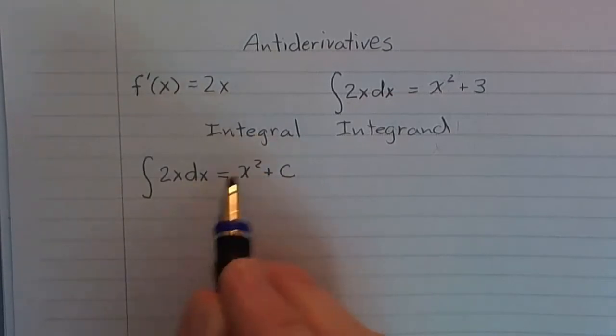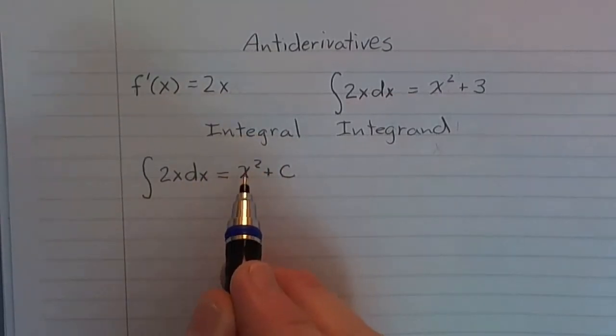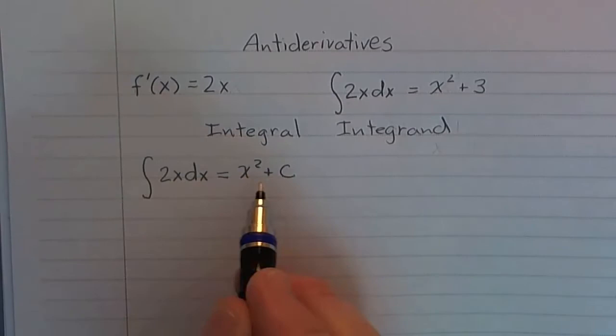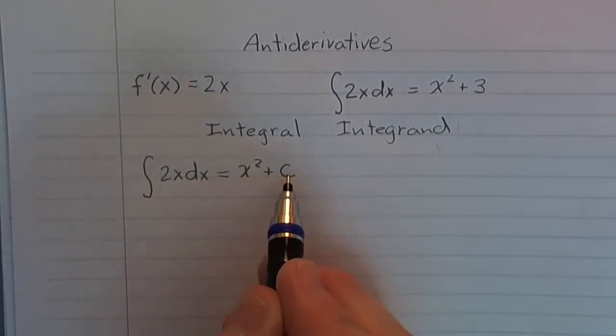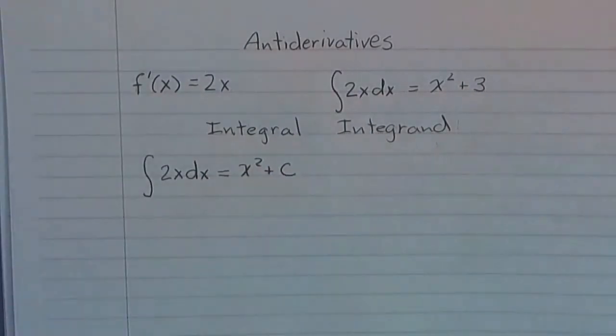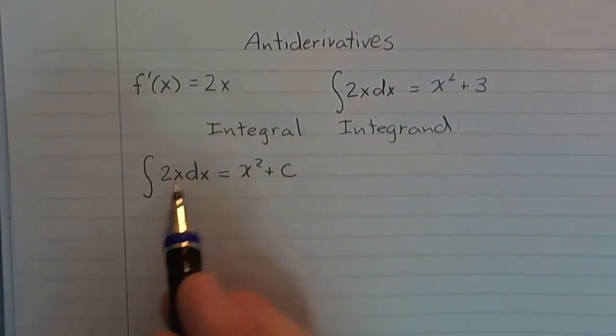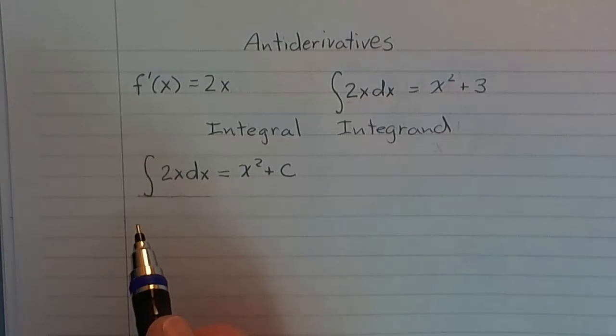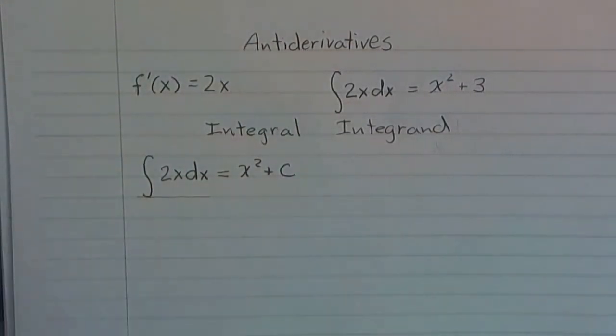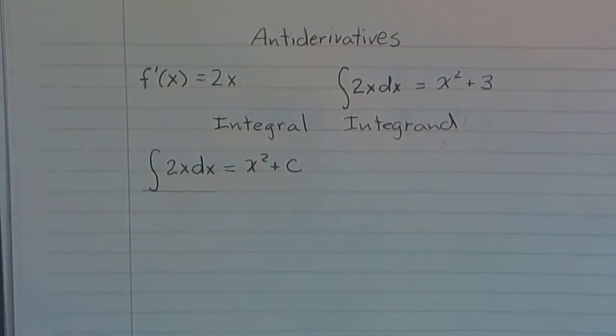So all these infinite antiderivatives, all the things that you can differentiate to get 2x, differ by a constant: x squared plus 1, x squared plus 2, x squared plus pi, and so forth. So when we are asked for an antiderivative, it will be done this way, with this little integral symbol. And then we just have to go and find, well, what did we differentiate to get that?